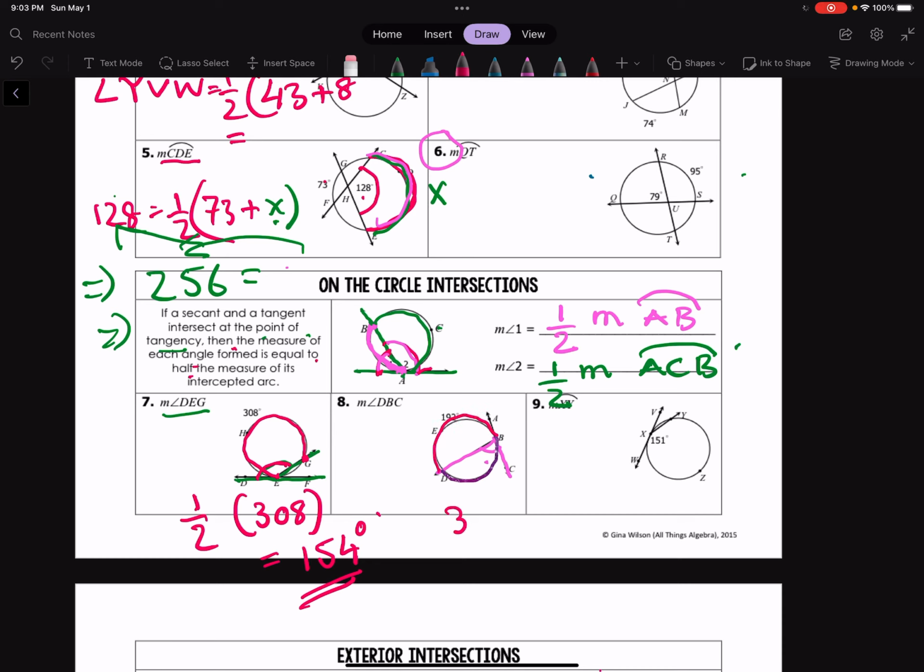So once I subtract 192 from 360, I get that part. That should be 168. Now let's go back to our formula. This angle should be half of the intercepted arc, so I say half of 168, that is 84. So this is it.